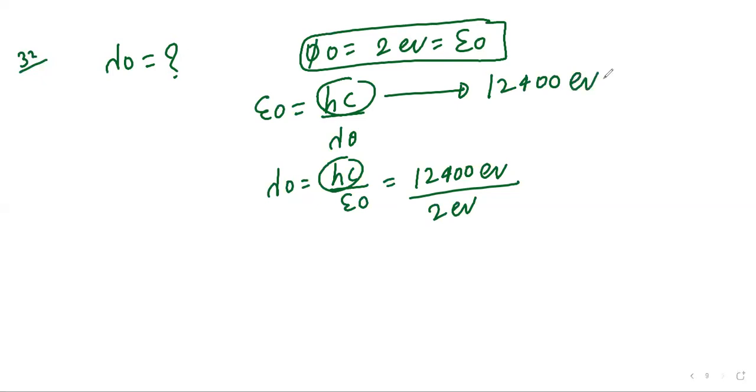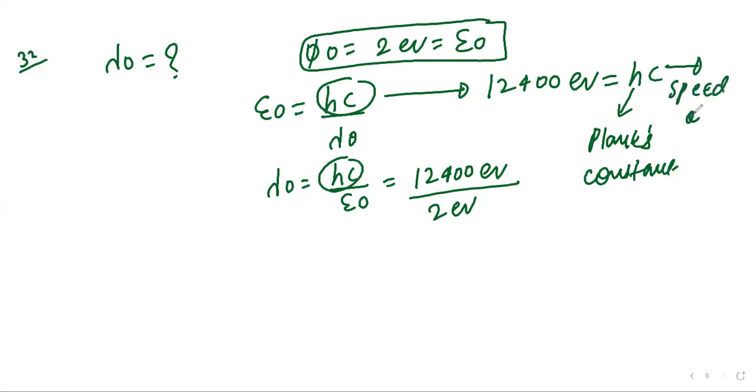Remember this value. h is Planck's constant, and c is the speed of light.